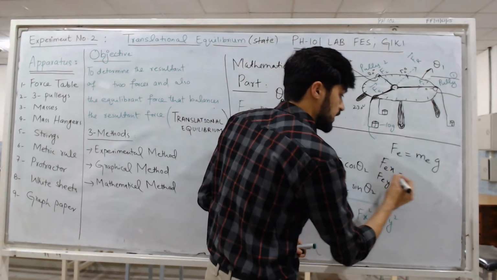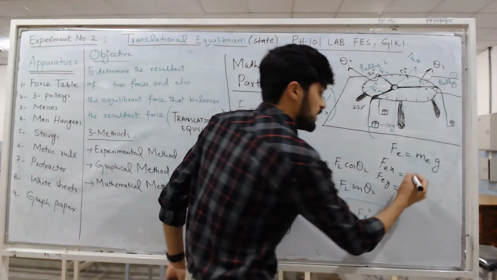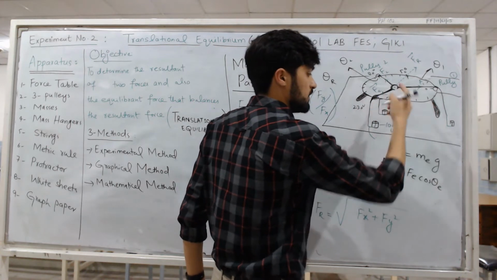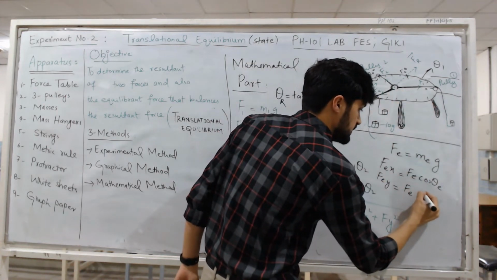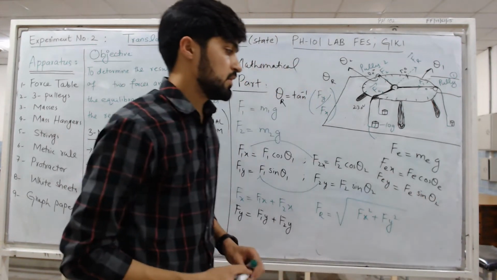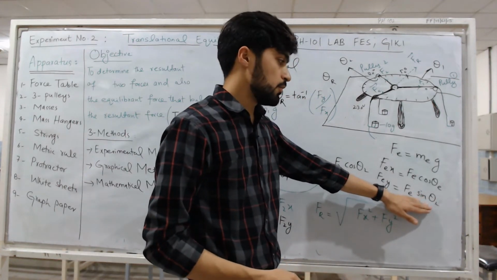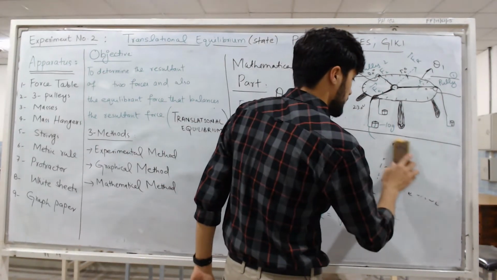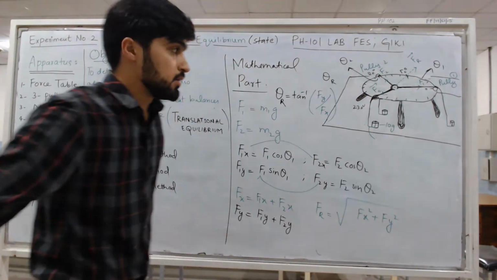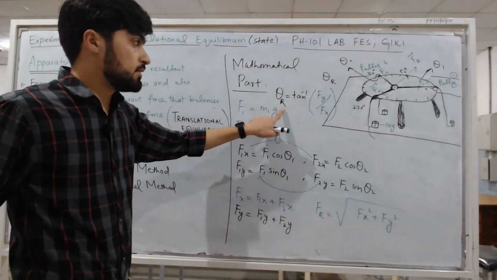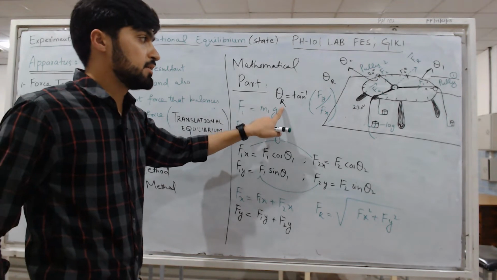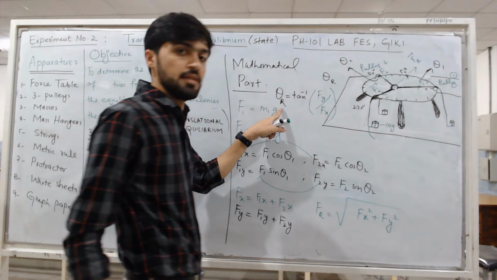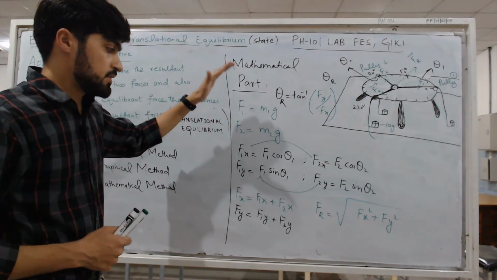Fex will be Fe cos theta E, where theta E is the angle of the equilibrium force, and Fey is Fe sin theta E. When you find the resultant theta r, then you can easily calculate theta E, the equilibrium force direction, from this theta r. So this is the mathematical method.